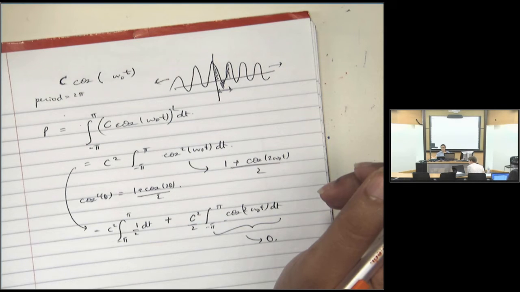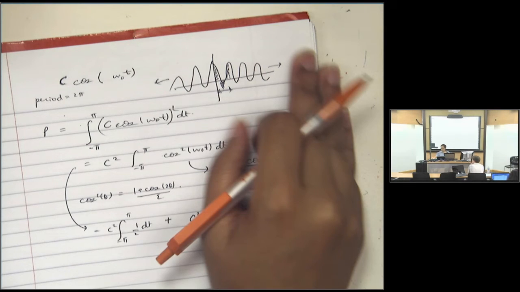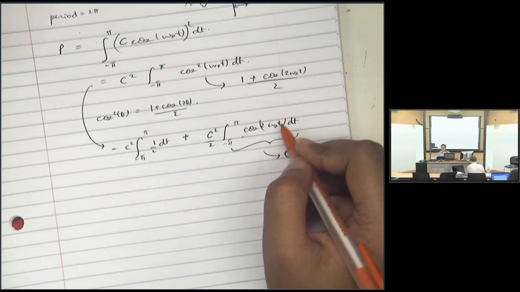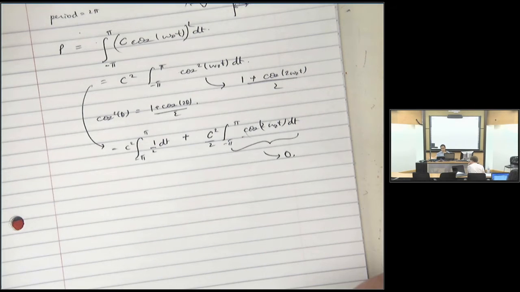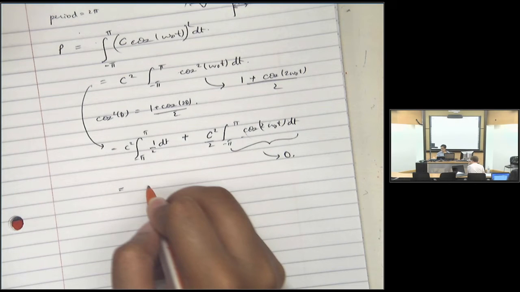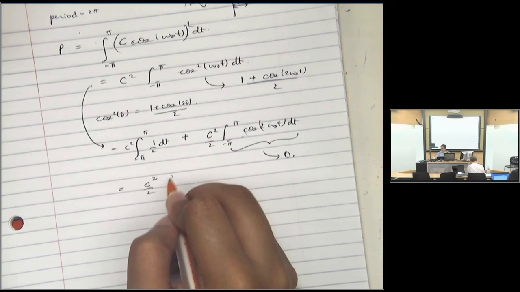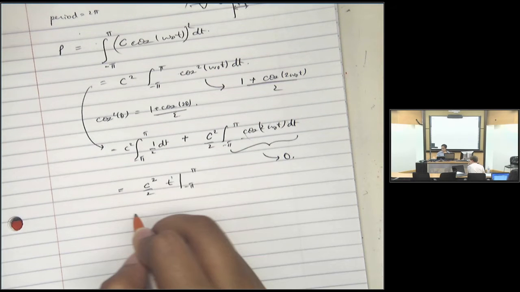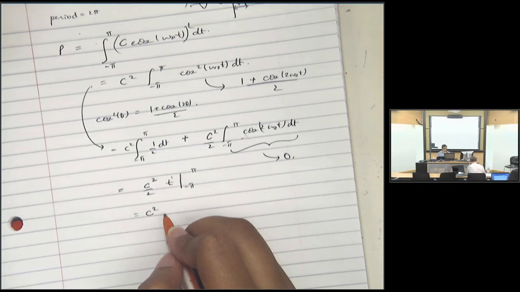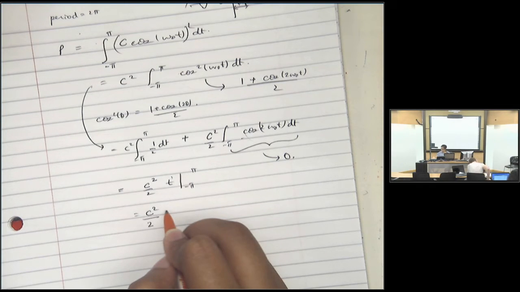Right? So your cosine or sine will integrate to 0 within its time period. Okay? So your integration comes out to be c square by 2 into 2 pi.